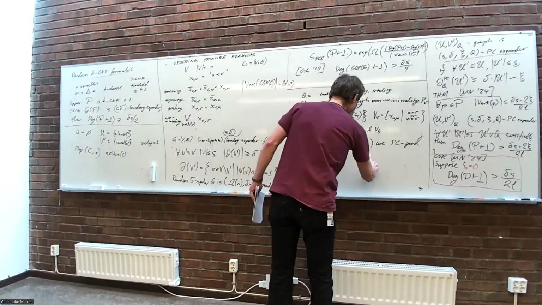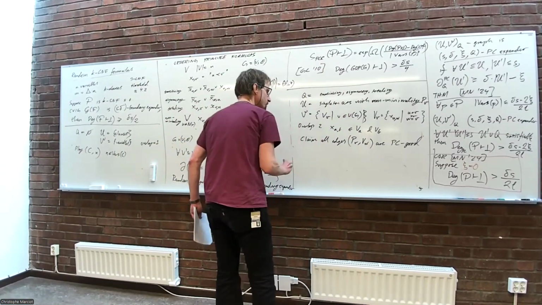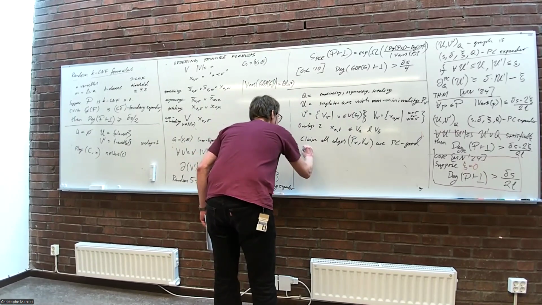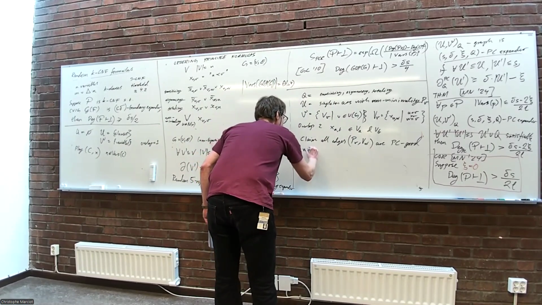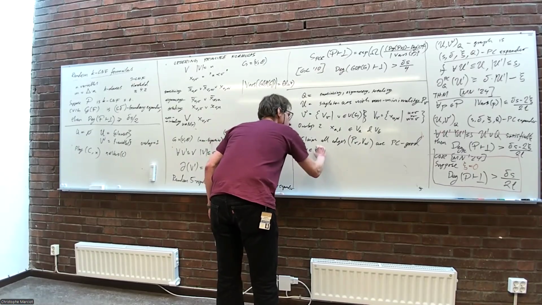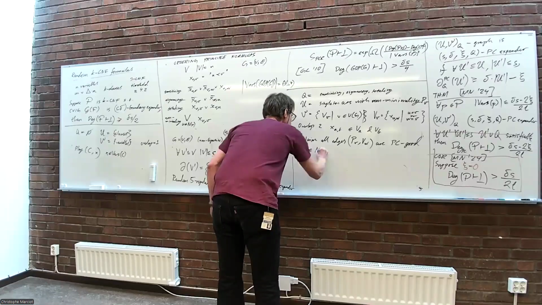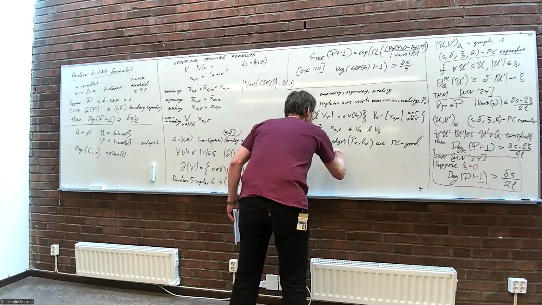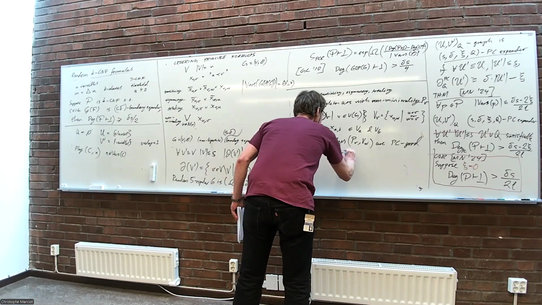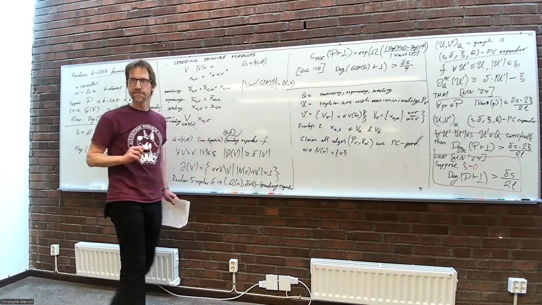Okay. If this is an edge, there are two cases. Either W is a neighbor of V, or W is V itself.